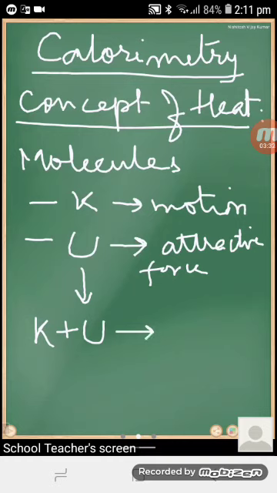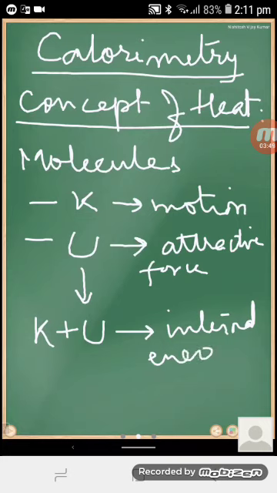In simple terms, instead of saying kinetic energy and potential energy, we can call it together internal energy. So when we are talking about internal energy, we mean the kinetic energy and the potential energy of the molecules together in the substance.